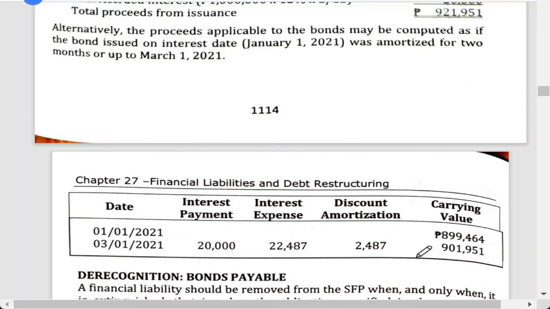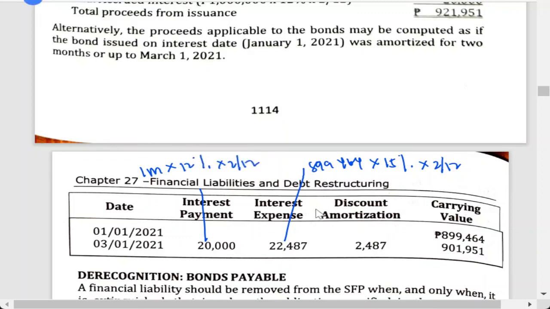Then you take 899,464 times 15% times 2 over 12. So, 22,487. That is the interest expense computation. Then the other one is 1 million times 12% times 2 over 12.